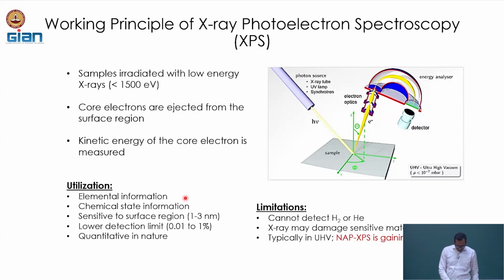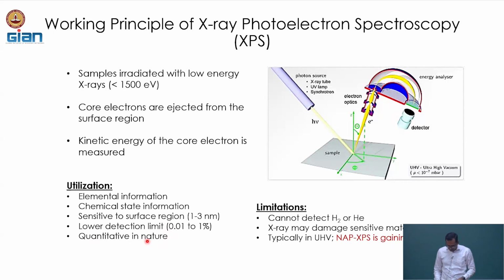And it has a very sensitive detection limit, 0.1 to 1% of the material present can still be captured by XPS, and with some calibration, it is quantitative in nature. So, we can see in that surface region, within 8 to 10 layers, what is the composition of the different materials present.